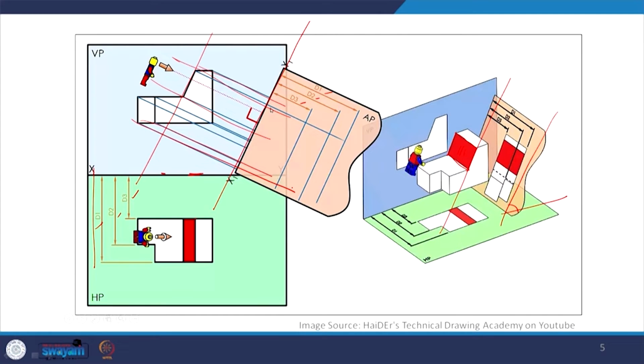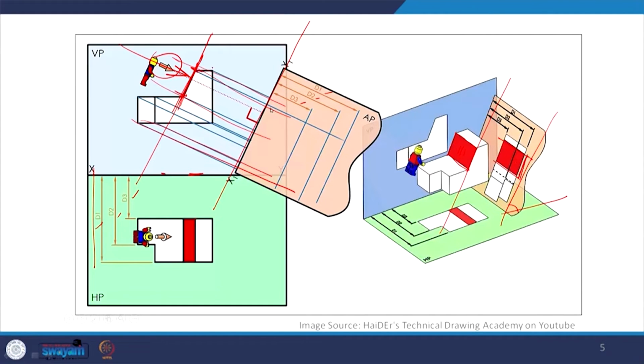Finally, we are actually seeing it here perpendicular to this plane. When we see anything perpendicular to that plane, we will be seeing the true dimension, which is what we are seeing here. So this dimension is the true dimension.